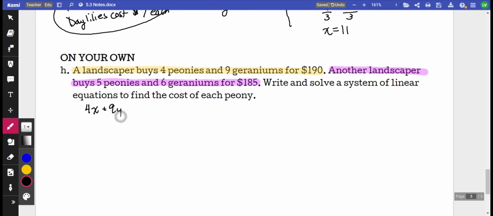4x plus 9y equals 190. Second equation is going to be 5x plus 6y equals 185. Over to the side, I'm going to specify that x is the number of peonies and y is the number of geraniums.